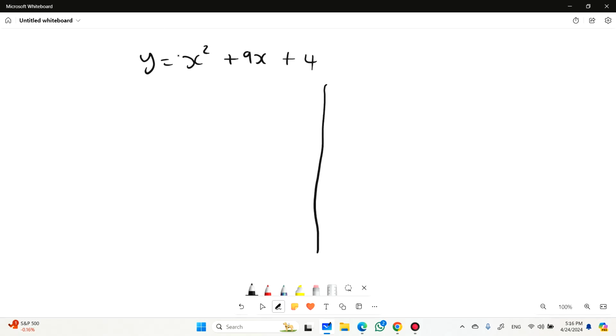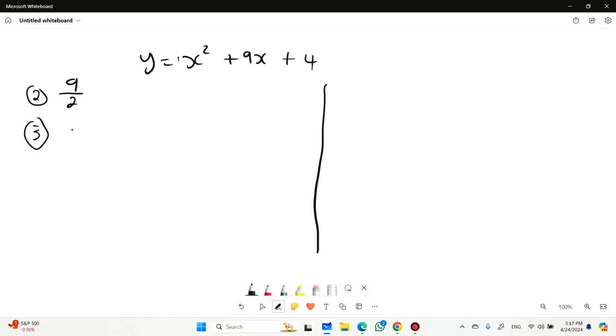So the first thing is to make sure that my coefficient of x squared is 1. You can see that this one here is 1, so I don't have to change anything. So I'm going to jump to my second step of dividing the coefficient of x by 2. So now I have 9 over 2 in that case. And then my third step is to add and subtract that number that we just divided, squared, into that equation.